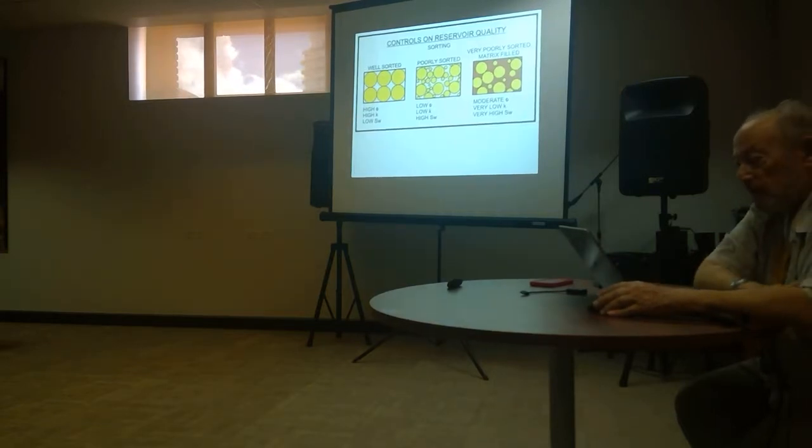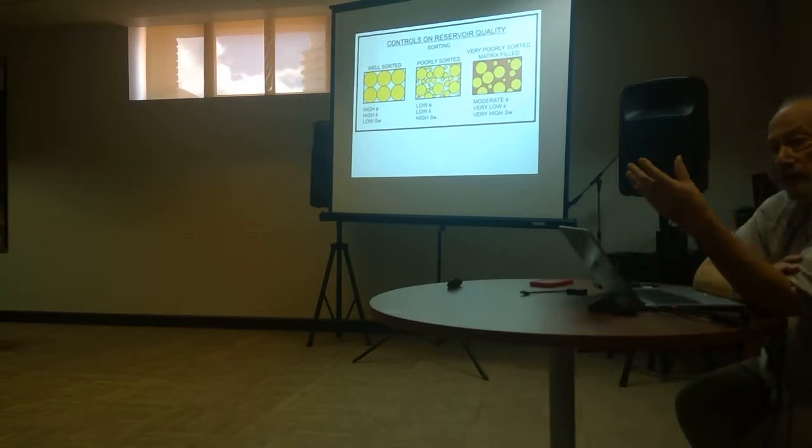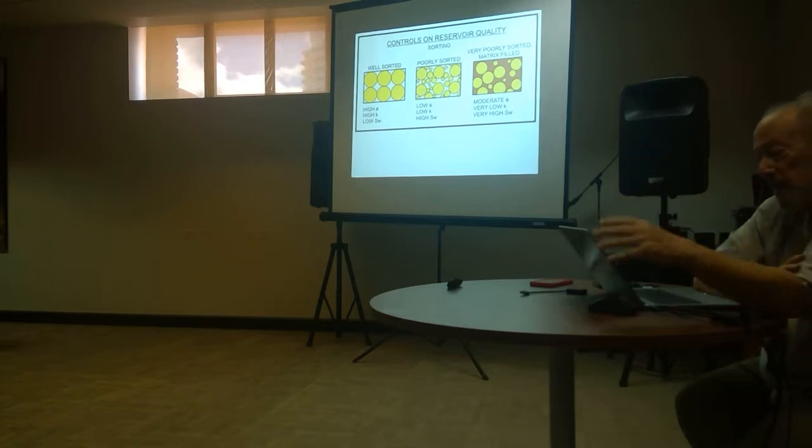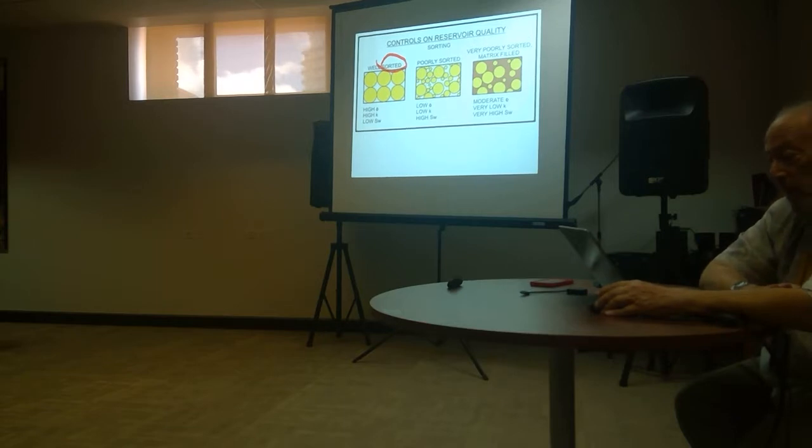So here an example of the other main parameter that is used in looking at grain size distributions, and that is the parameter of sorting. A well-sorted sand is one where the grains are of the same size.